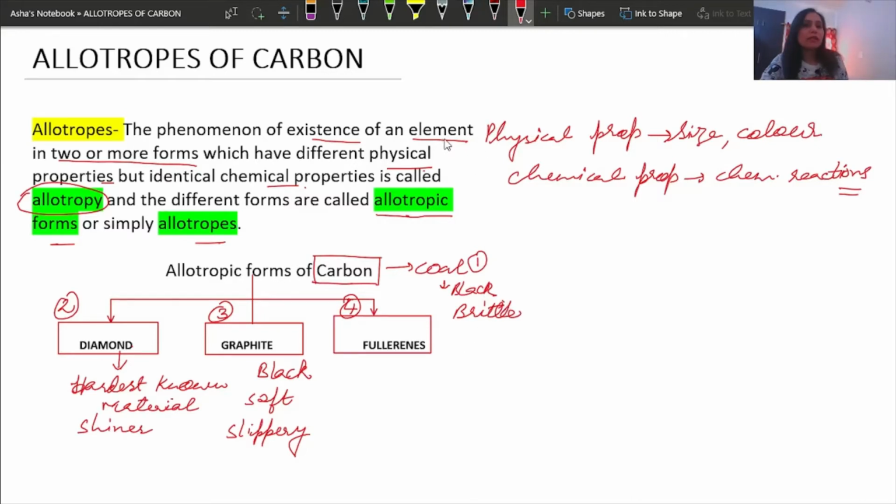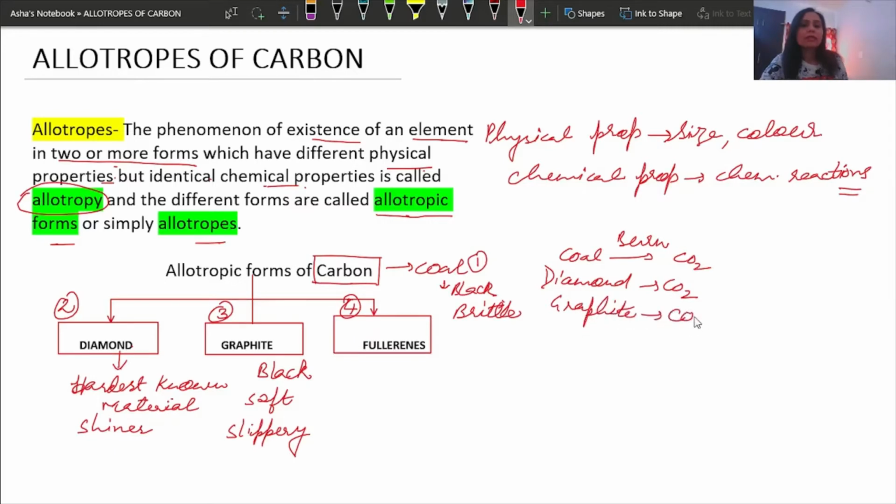So whenever an element is in two or more forms having different physical properties but identical chemical properties. Now, identical how? For example, if you burn coal, you will get carbon dioxide. If you burn diamond, you will get carbon dioxide. If you burn graphite, you will get carbon dioxide.